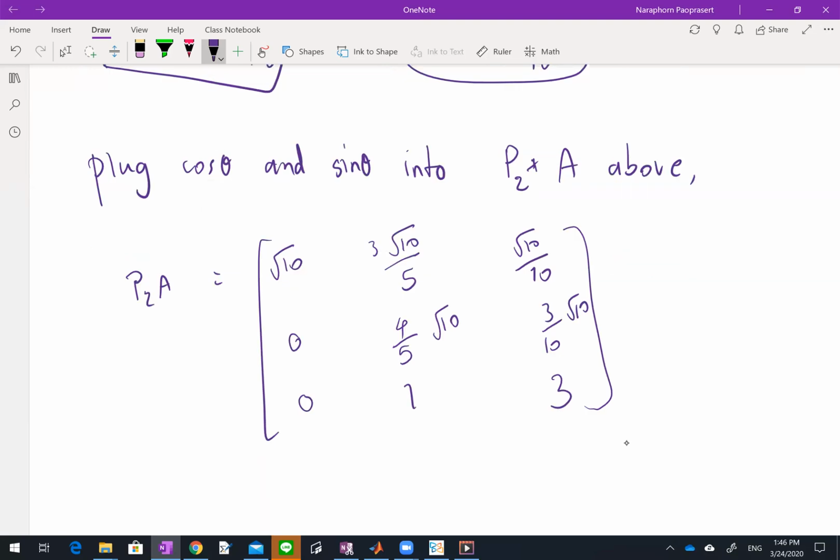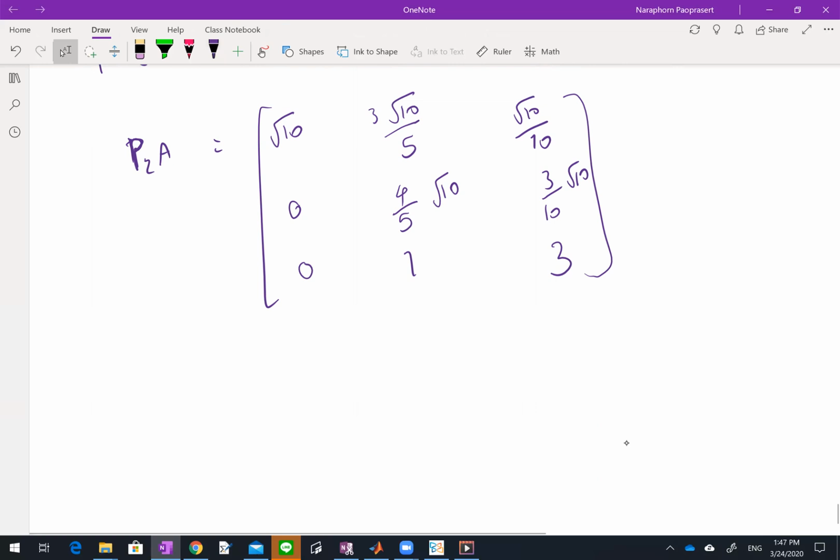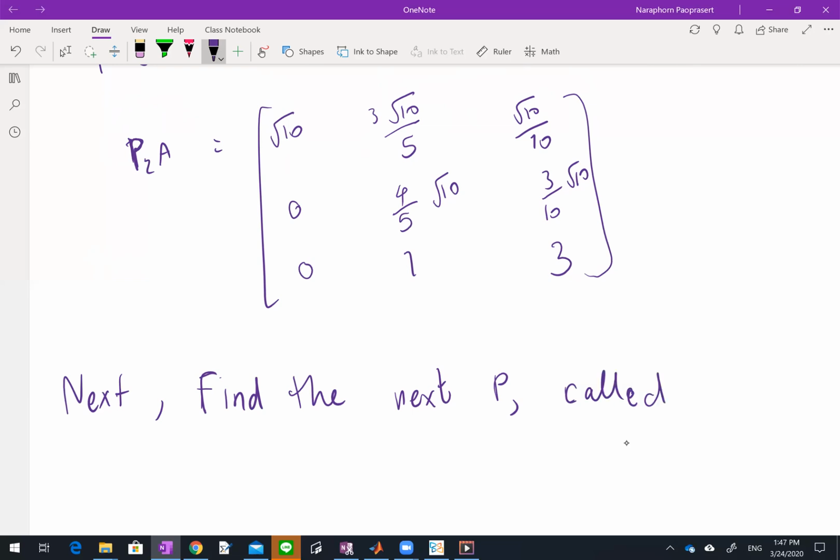So, this is the first round: we find P2, and then once we find P2, we multiply P2 with A, and this is what we get. So next, find the next P, we call P3.